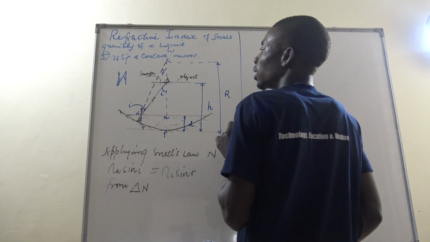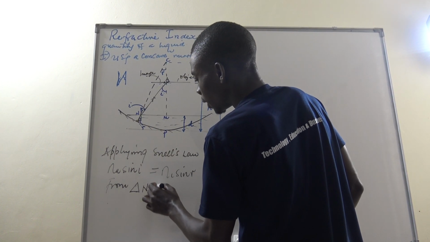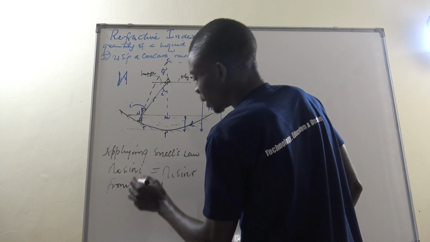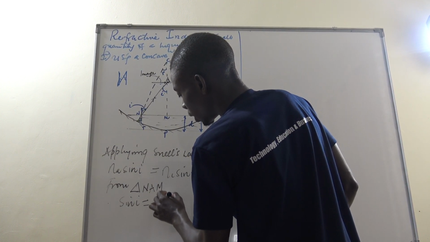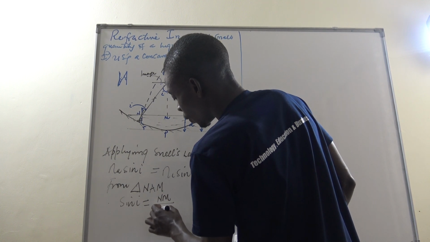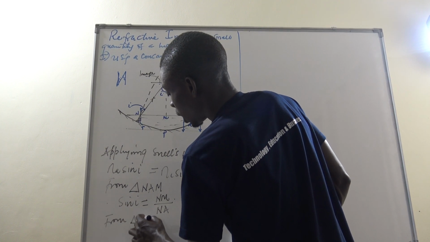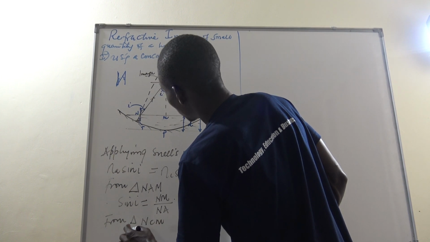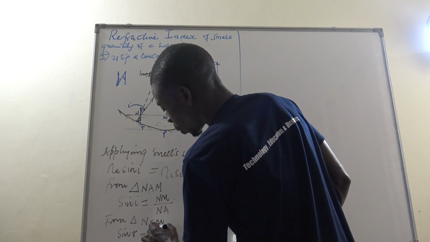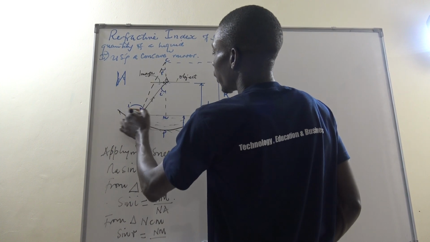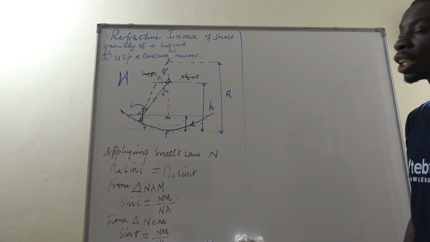Is that okay? So from triangle NAM, from this triangle here, sine of I equals opposite over hypotenuse, which is NM over NA. And from triangle NCM, sine of R equals opposite over hypotenuse, NM over NC. Okay?